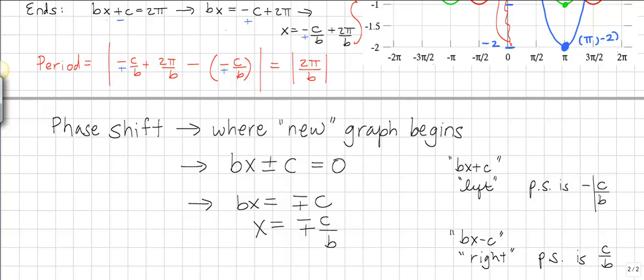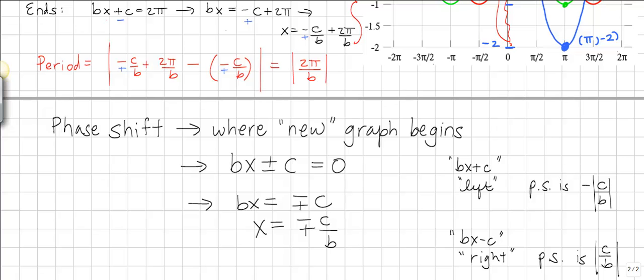Now we want to make sure the net effect of this is that the negative really means negative and the positive really means positive. So I will accentuate that by using the absolute values there. Okay? All right, we'll do another example, one more, to try to deal with this phase shift issue.